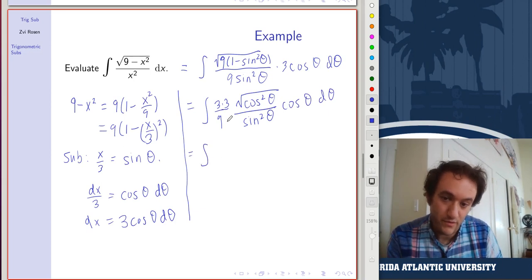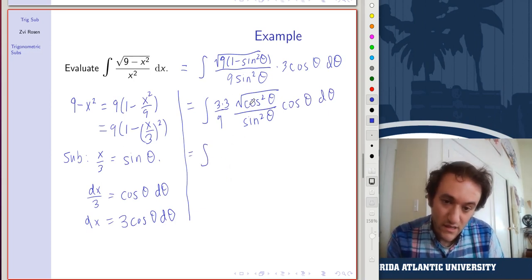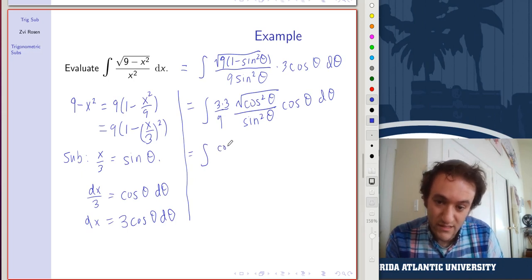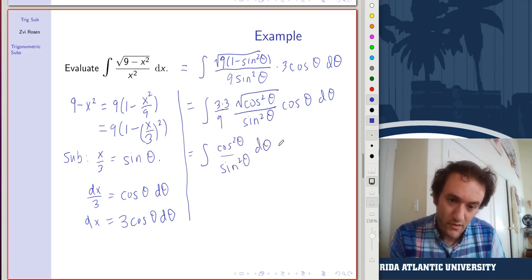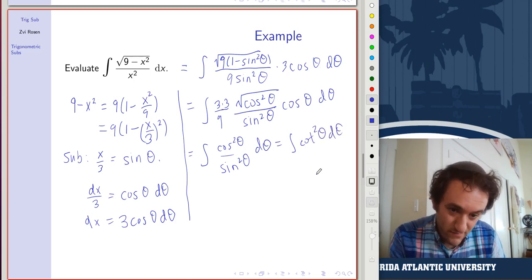This is equal to, well, obviously these constants cancel, and we're left with cosine squared theta over sine squared theta d theta. And this is equal to the integral of cotangent squared theta d theta.